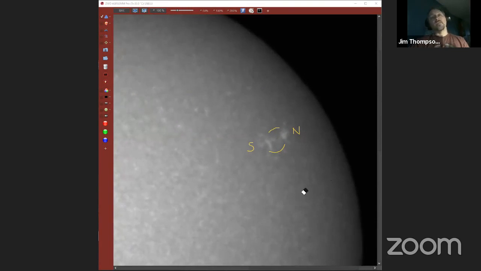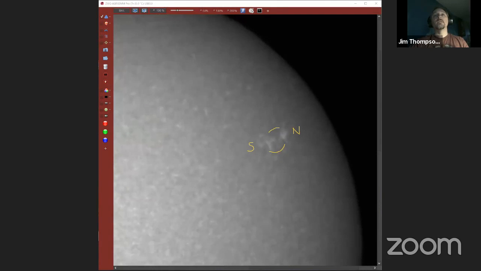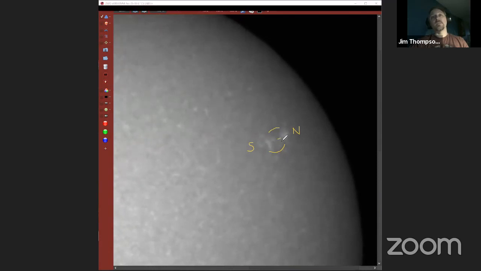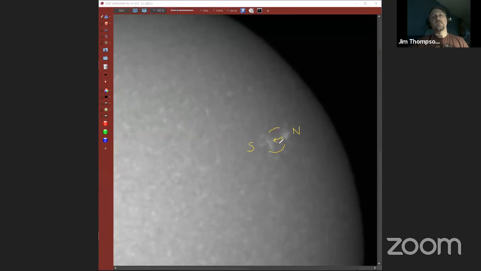Over time, if we watch these spots, we may find that they tend to get larger in size. They may also start to drift apart, so the space in between might over time get bigger. We'll also notice that the whole thing is moving.